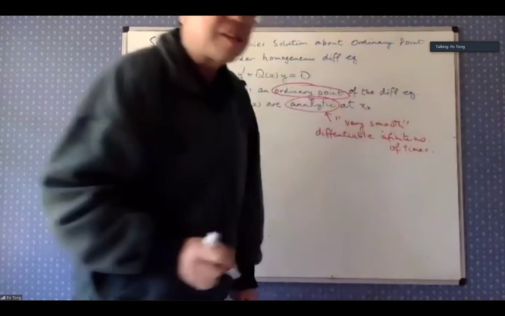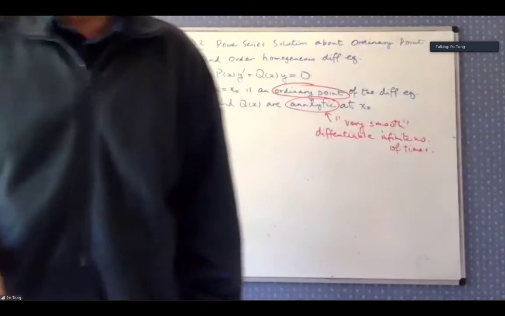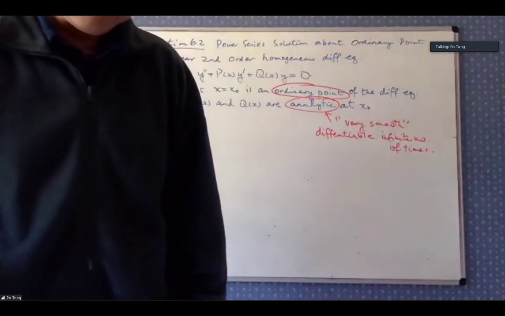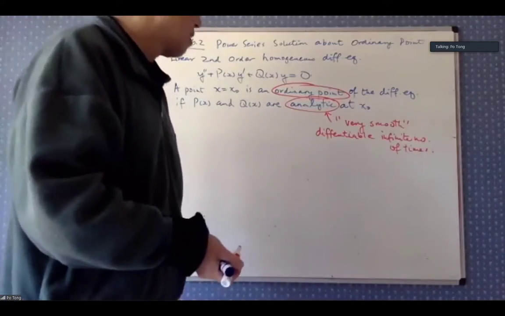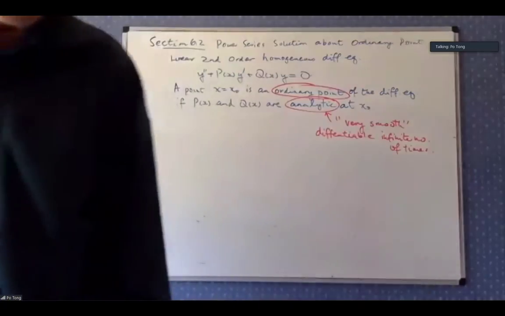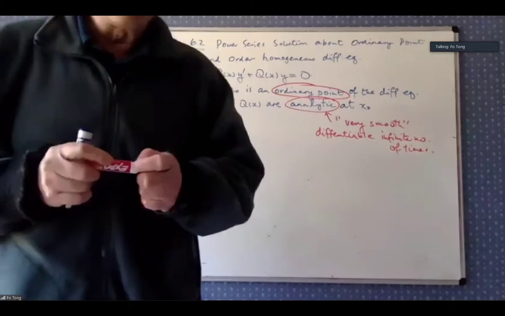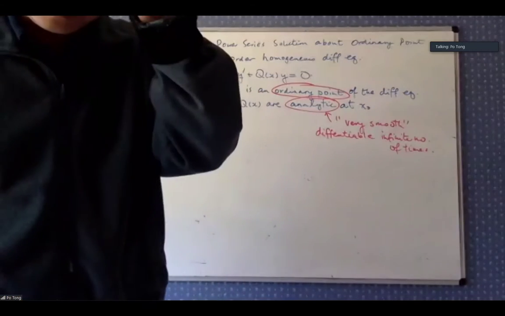You can take the first derivative, the second derivative, and the third derivative. You can keep differentiating and it still makes sense. Okay, and that's called analytic. Essentially, it's a function that is very smooth. You don't have to worry about it too much. It's just some technicality here.